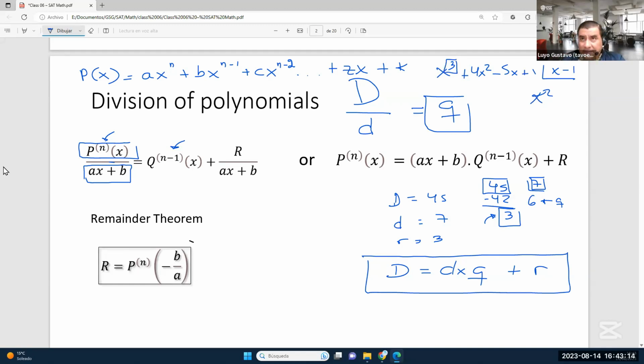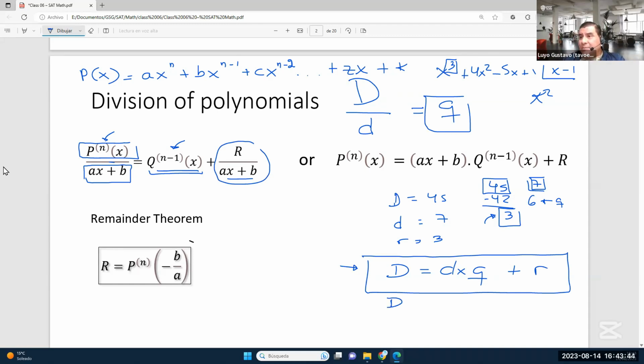Okay, this is it. And this will be the quotient. And here you have this term, which is the quotient of the remainder divided by the original divisor. Pretty much like in this formula, if I divide every term on the left and the right by the divisor, I have this.